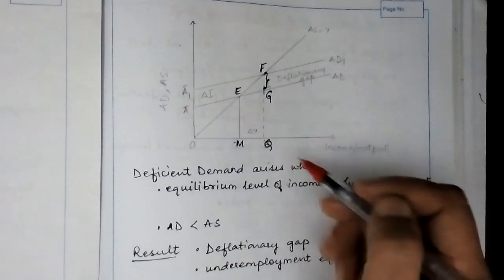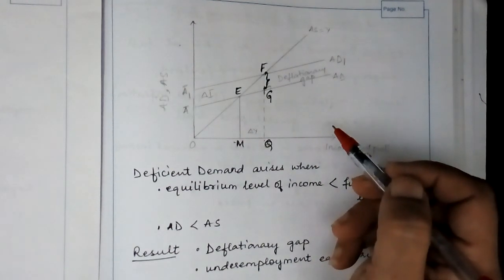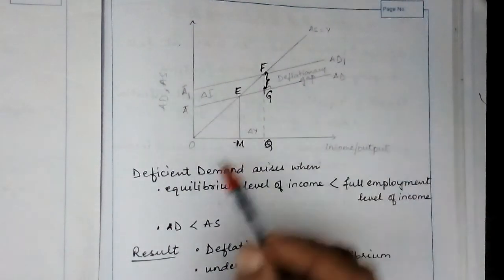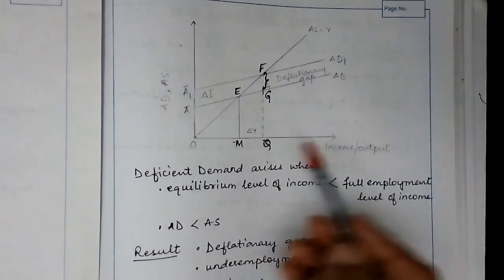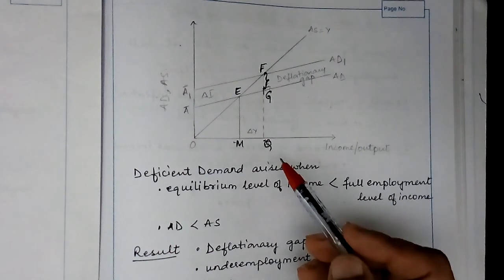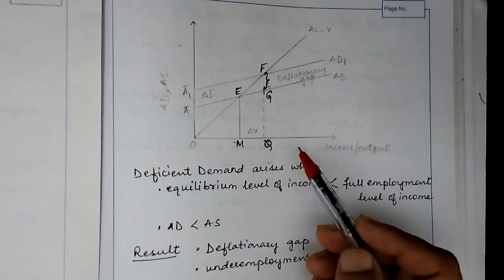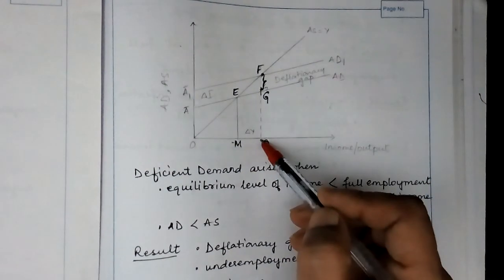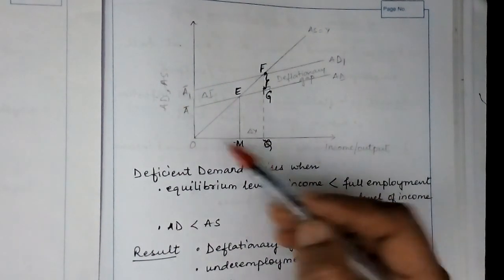Now this represents a situation of deficient demand and a deflationary gap. In this graph, OQ is the full employment level of income and output. For the economy to be at full employment equilibrium, the aggregate demand should be equal to the full employment level of income and output, that is FQ, which is equal to OQ.